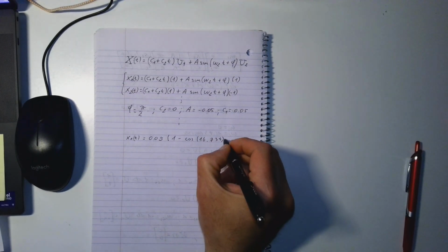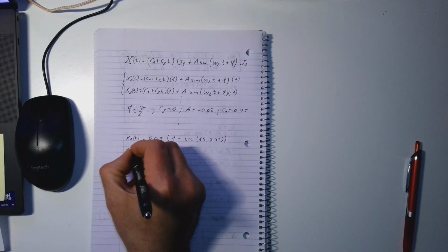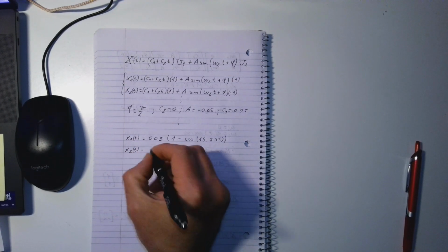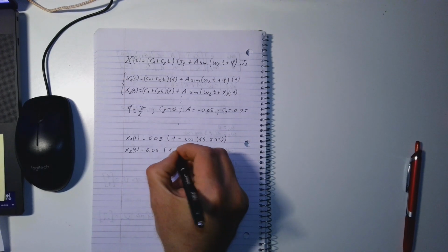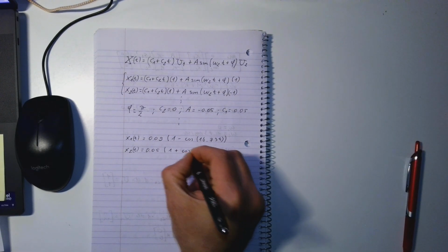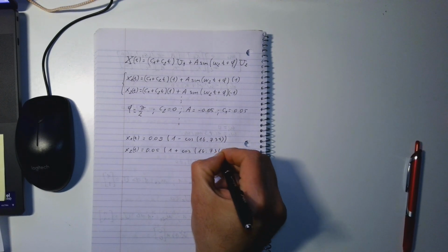Remember, we have the second natural frequency, and then x2 equal to 0.05 times 1 plus cosine of 16.73t.